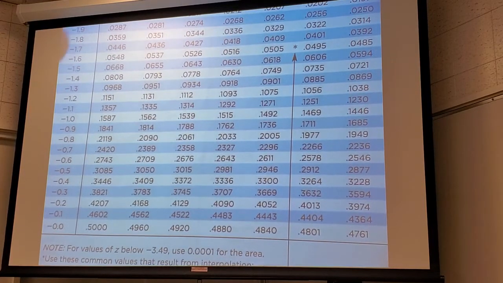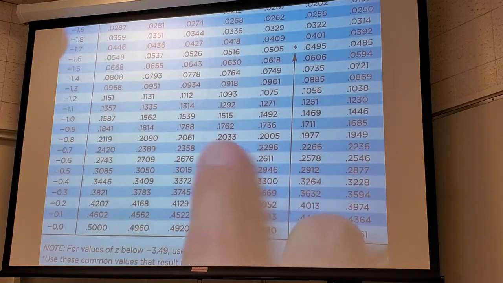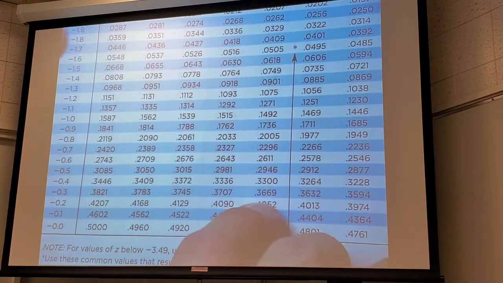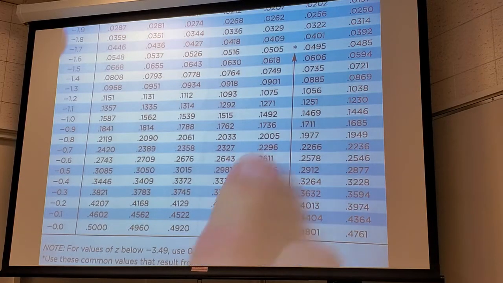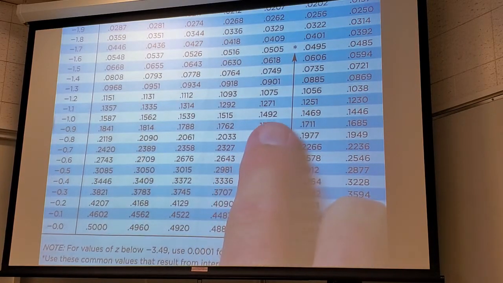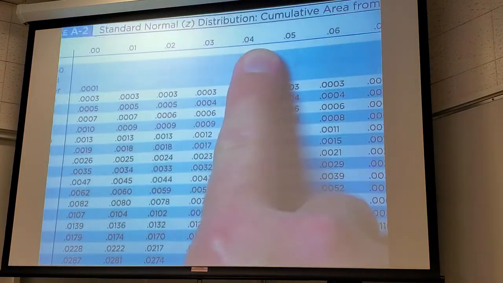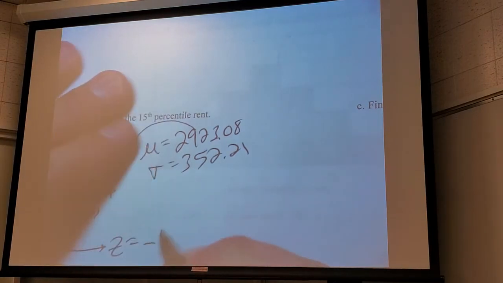What's the closest you get to 15%? Would it be -1.04? Yeah, because the closest I can get to 15% is 0.1492 right there, right? So -1.04. That's the z-score.